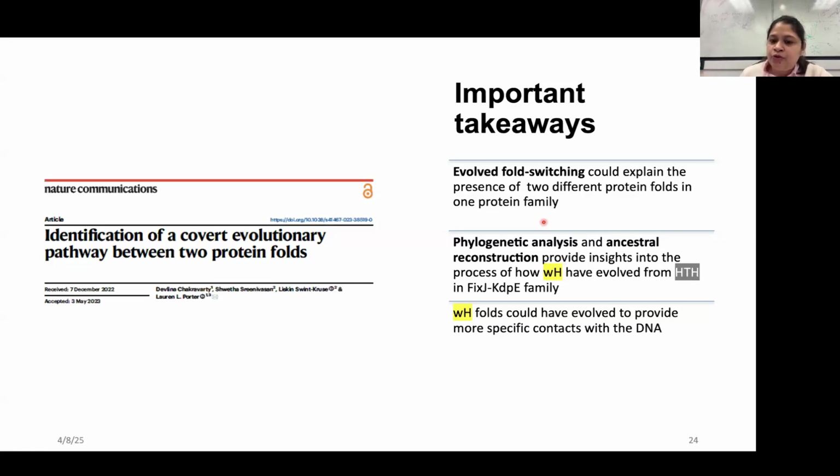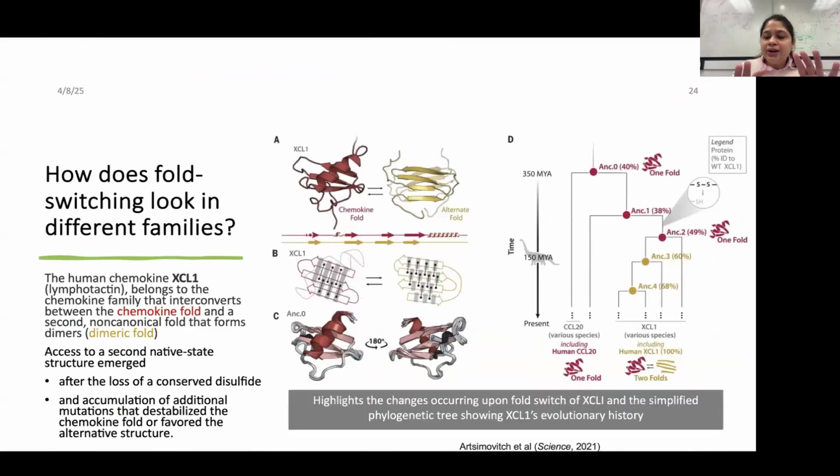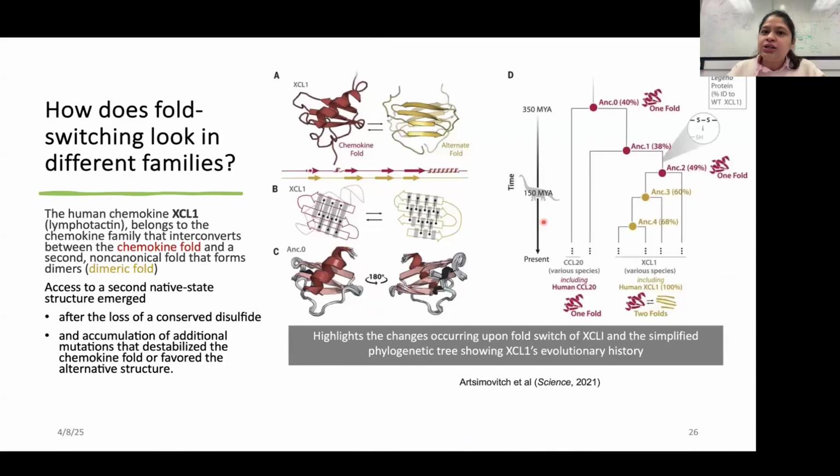And by performing phylogenetic analysis and ancestral reconstruction, we could provide insight of how this process takes place when you have few mutations that changed helix turn helix to winged helix, and this could have evolved to provide more specific contacts with the DNA. But I really want to talk about fold switching that happens in other families.